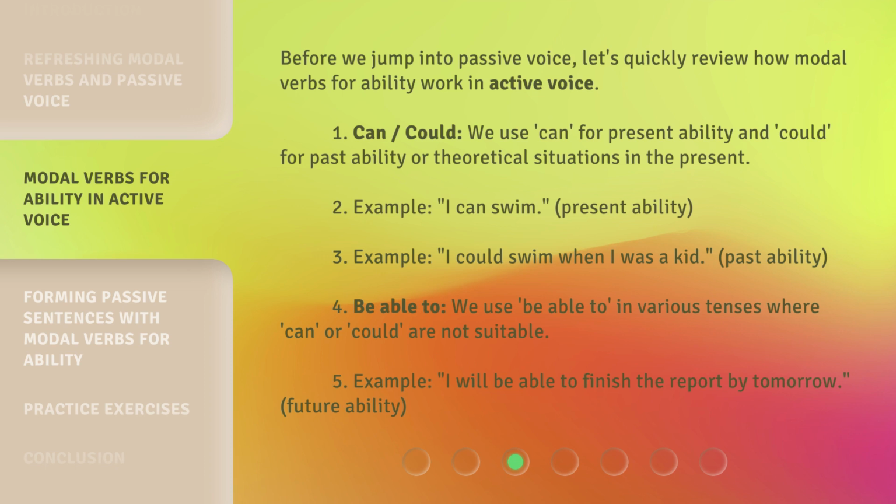Present ability. 3. Example: I could swim when I was a kid. Past ability. 4. Be able to. We use be able to in various tenses where can or could are not suitable. 5. Example: I will be able to finish the report by tomorrow. Future ability.